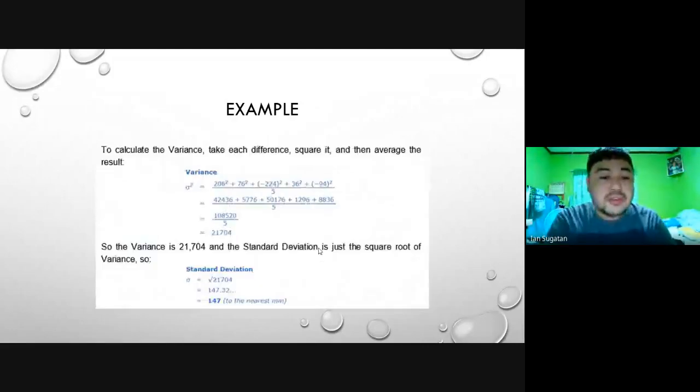To calculate the variance, take each difference, square it, and then average the result. So what we did here is you're going to take the difference of each value from the mean and square it. It's the same as the variance calculation from last week's example.